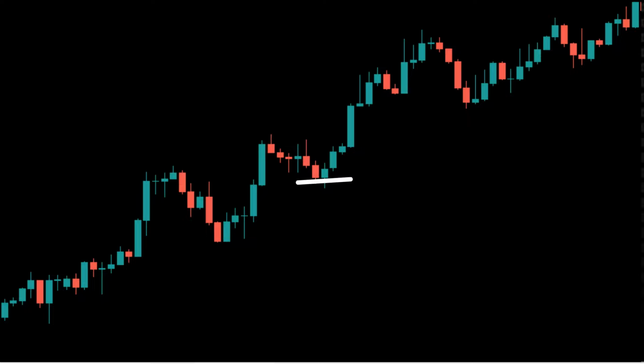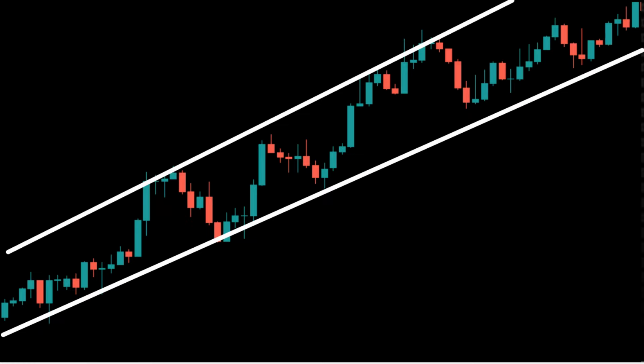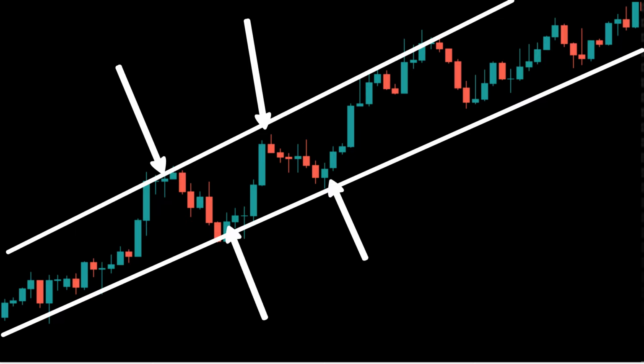So at this point, we confirm the bullish movement. Now, our bullish trend has been confirmed because the second swing high here is higher than the first swing high. Also, the second swing low is higher than the first swing low, confirming our uptrend.